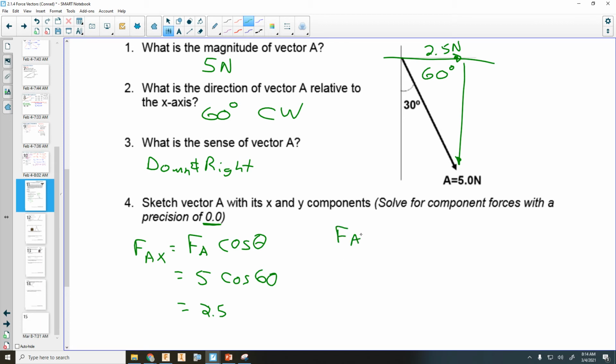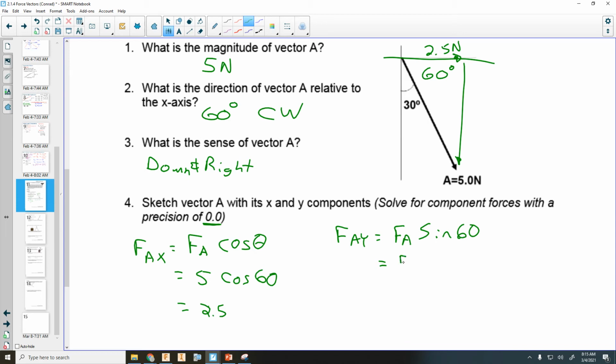Force of A in the y direction. What is that? Force of A times sine of 60. You've got to use the x-axis.